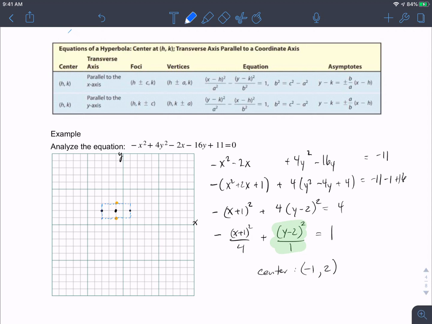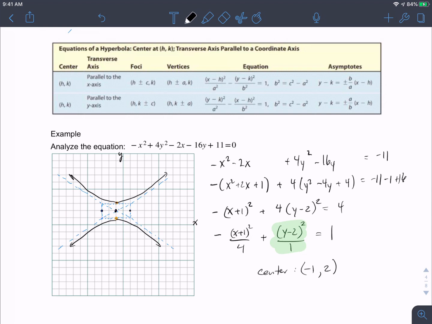And so the asymptotes are going to go in this direction. And since we know here that it's opening up and down, our hyperbola is going to be going just like this.